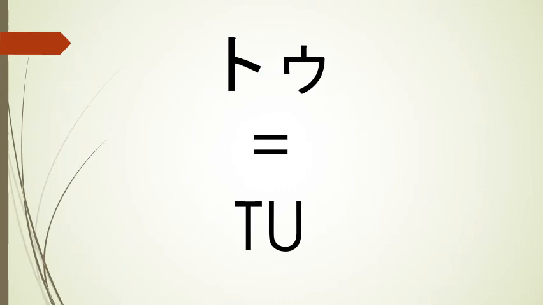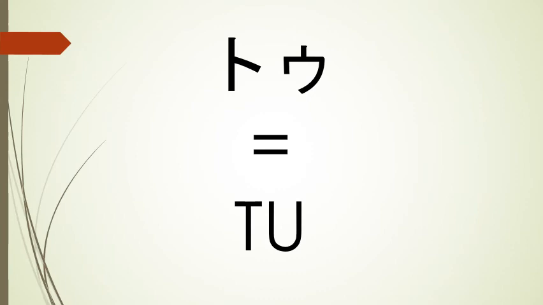If we take a to and add a small u to it, we can get the sound tu. Now, this is another one that I do not think is that common in the language. I don't believe I ever actually saw this sound used this way when I was learning katakana. I think all the places I looked at where you had a foreign word with a tu sound in it, you would just use the katakana tsu to represent that.